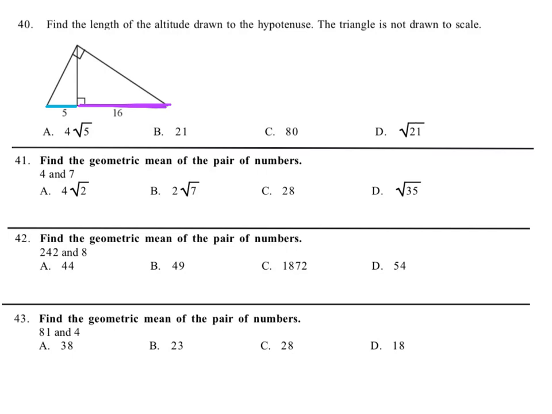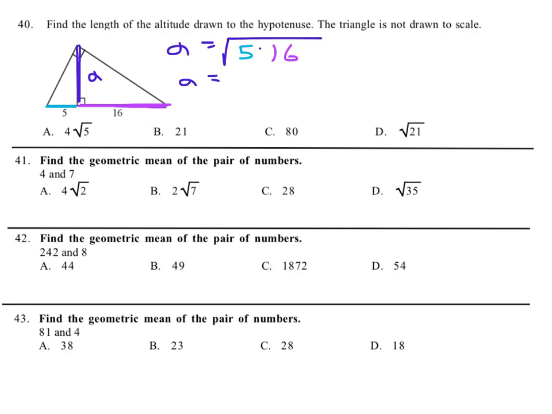So to find this altitude, let's call it A for altitude, we can say A is equal to the square root of 5 times 16. And when we do that, then A is equal to.